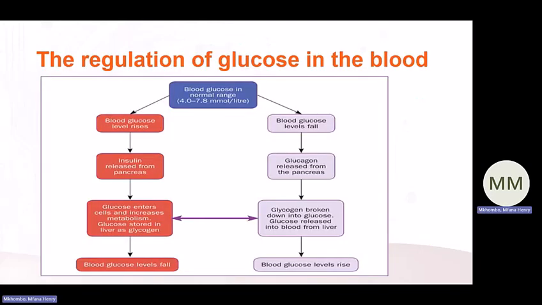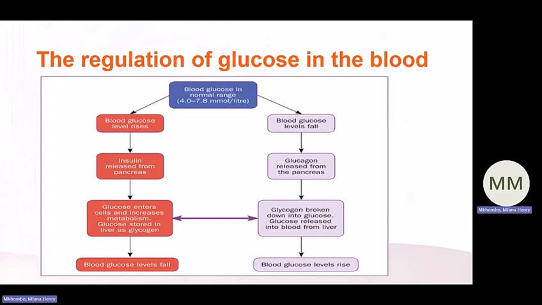So this is the homeostatic control of glucose in the blood, the regulation of glucose in the blood. As you can see, the blood glucose normal range there is between 4 to around 7.8 millimole per liter. So if blood glucose happens to rise, like after you have eaten, after meals, the blood glucose increases, and therefore insulin will be released by the pancreas.